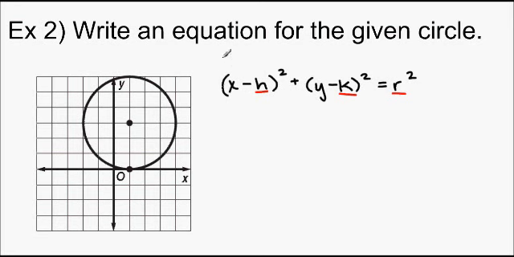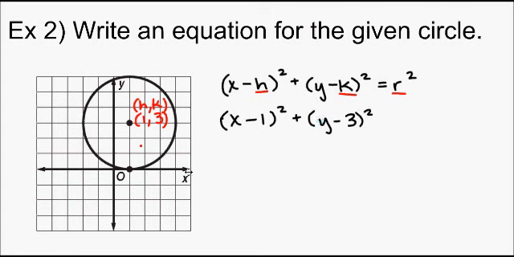Well, the center is h, k, so we can figure out those coordinates pretty easily. This is 1, then 1, 2, 3. So this point is (1, 3). And remember, that's h, k. So I can fill in x minus 1 squared, plus y minus 3, since k is 3.